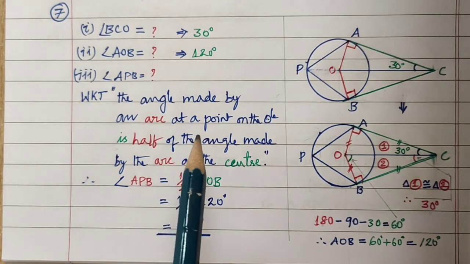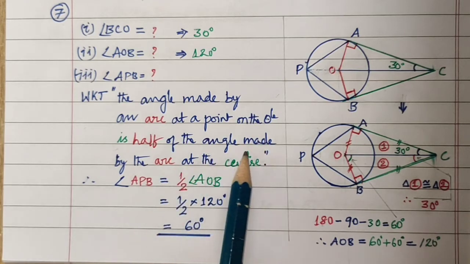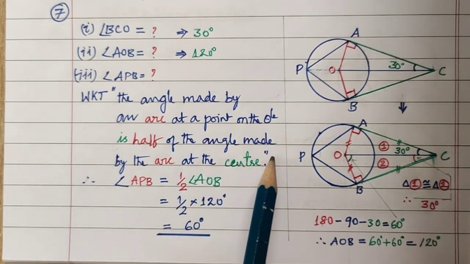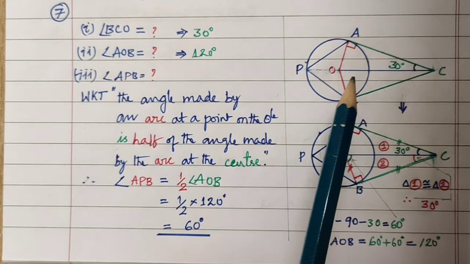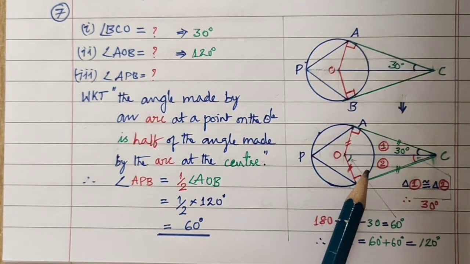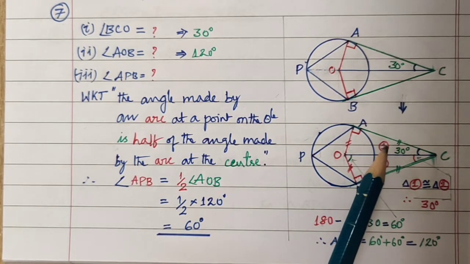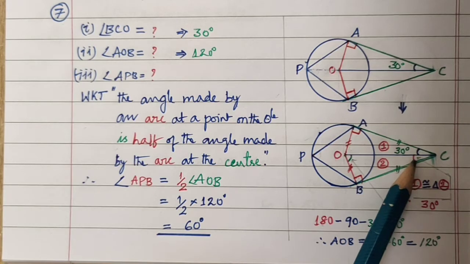The angle made by an arc at a point on the circle is half of the angle made by an arc at the center. This was the original picture they gave. We changed it into this type so that it can be easily found out. First we made these two triangles congruent. Once these two are congruent, this angle is equal to this angle.